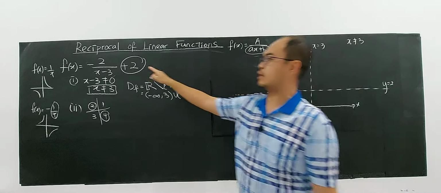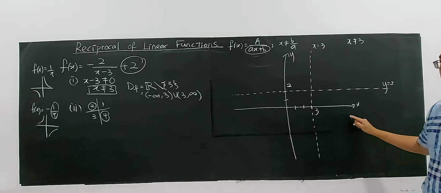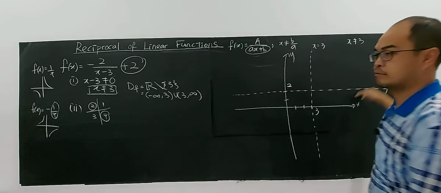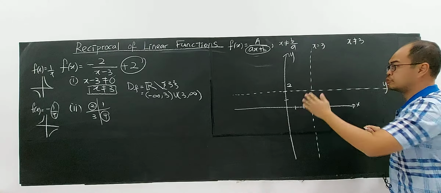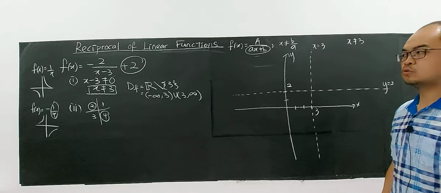If this is negative 1, then it will be at negative 1. It depends on what the number is. If positive 10, then you will draw at 10. So you have a vertical asymptote, meaning the curve won't touch x equals 3 and won't touch the line y equals 2.